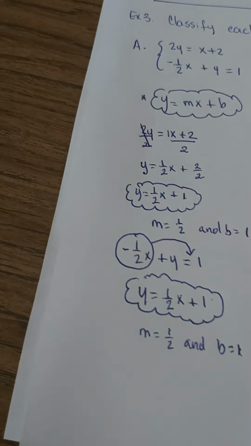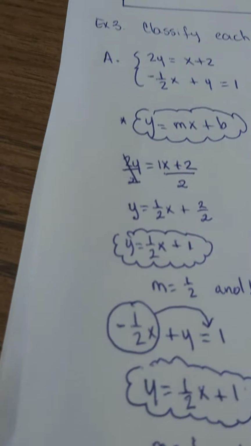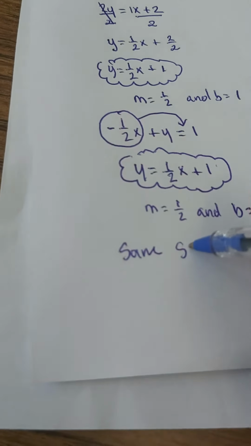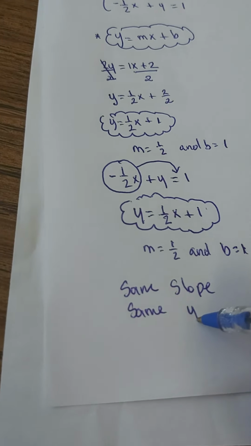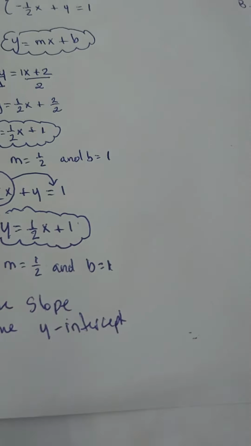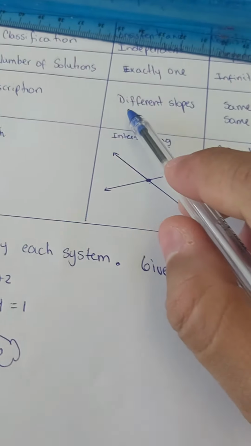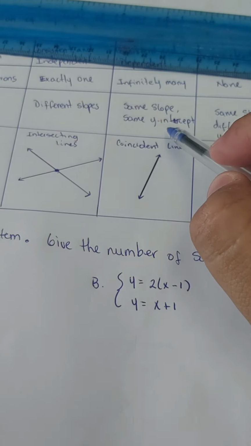So we can write the following. We can say that it has same slope, same y-intercept. Okay, so if we go to the description, same slope, different slope, same y-intercept.